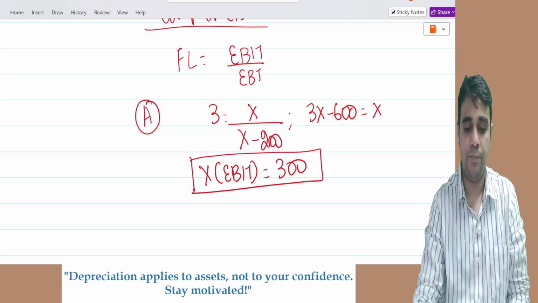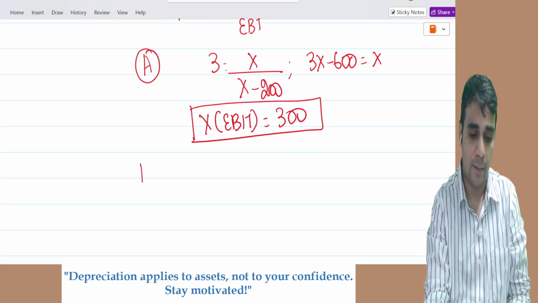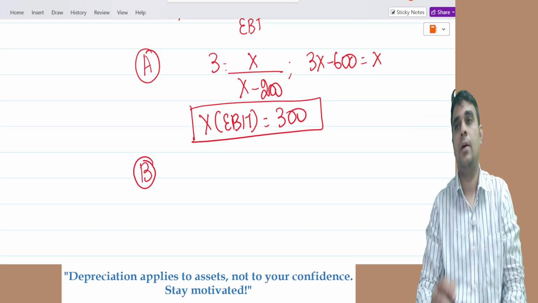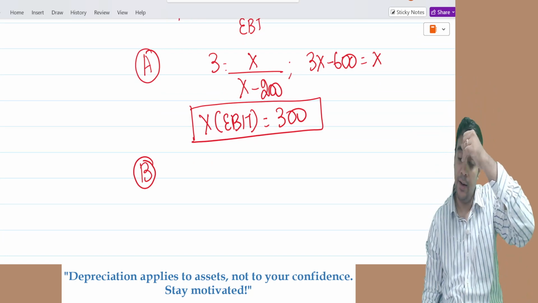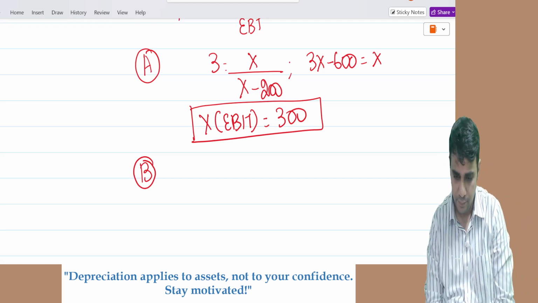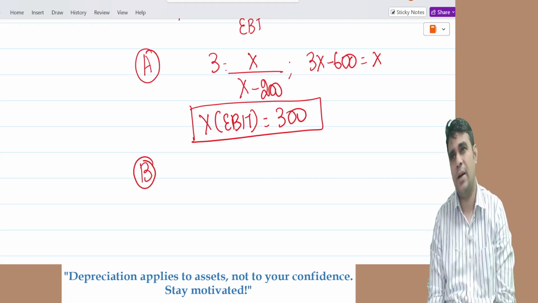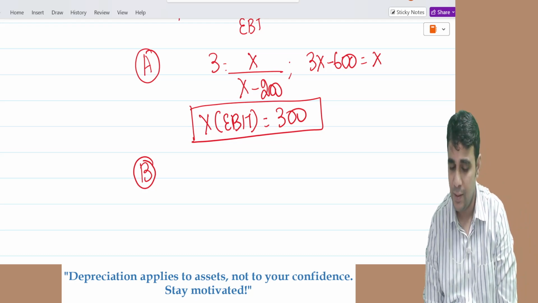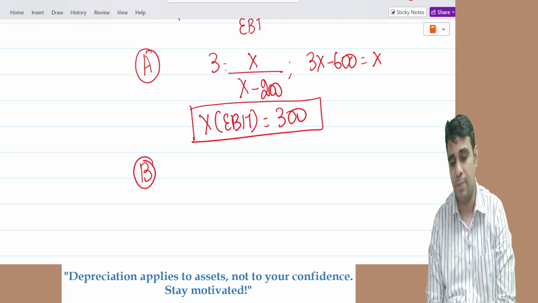Company A is 300. We have to do similar for company B now. Once I do for one company, balance is just a formality. 300 for the first company.